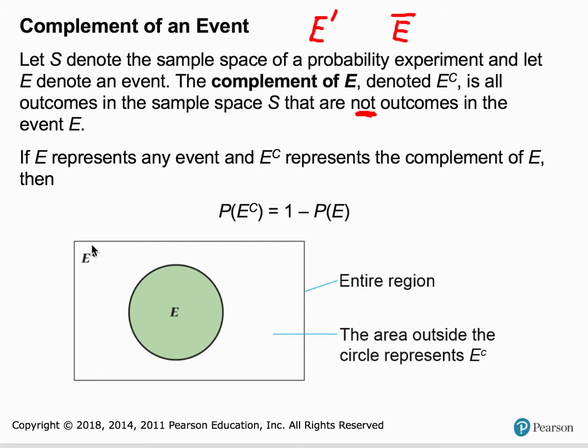So 1 represents every possible outcome of that probability experiment. If I just take away whatever's in the event, that's going to leave me everything that's not in the event. Okay, so here's another formula.